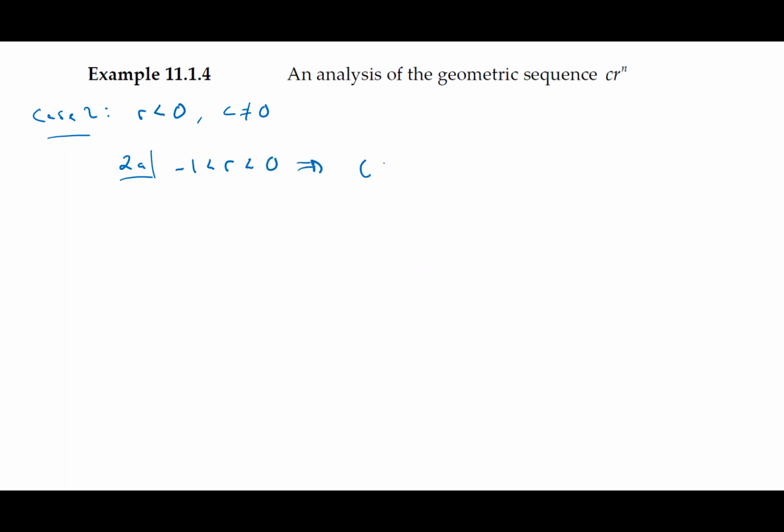I'm going to turn this around. Let you convince yourselves of that. And then the limit as n goes to infinity of C r to the n will be 0, right? We showed that last time because the absolute value of R is between 0 and 1. And you know what, maybe I'll do this just to kind of bring things home for you.